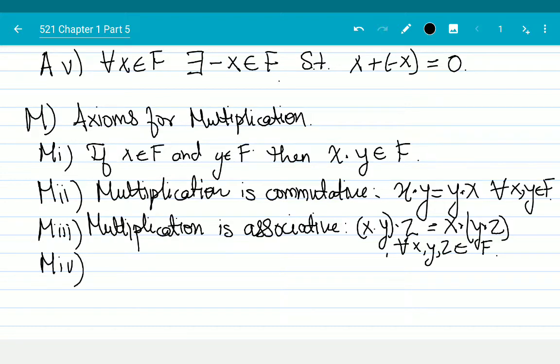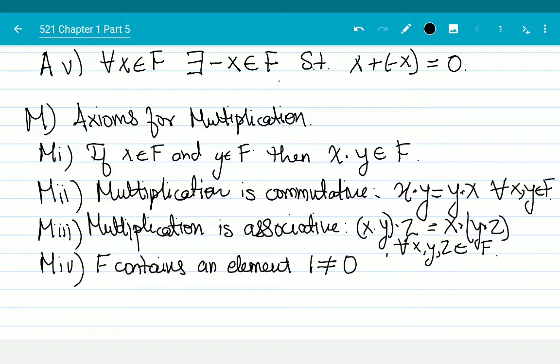M4. F contains an element 1, which should not be equal to 0.